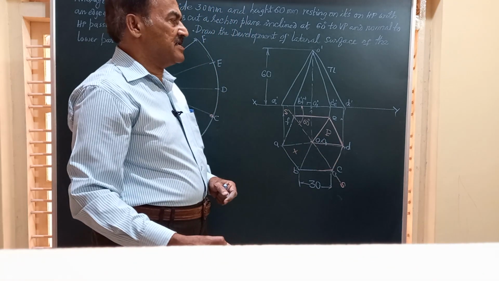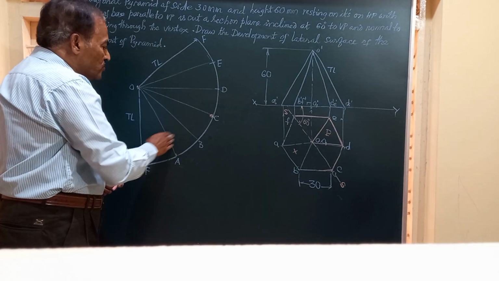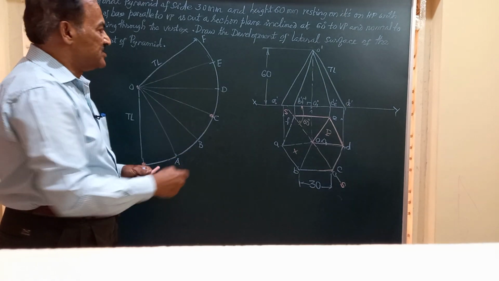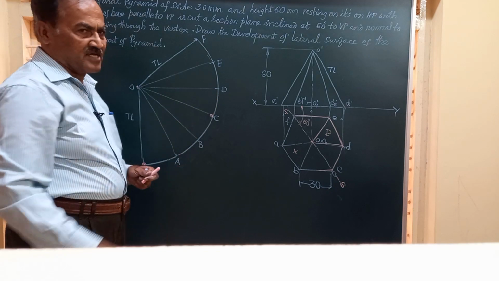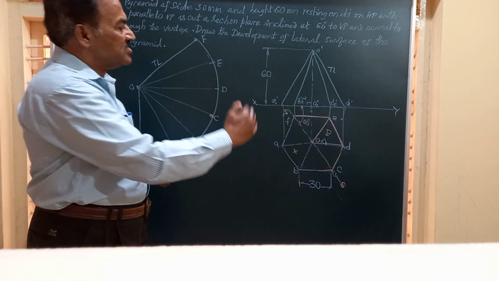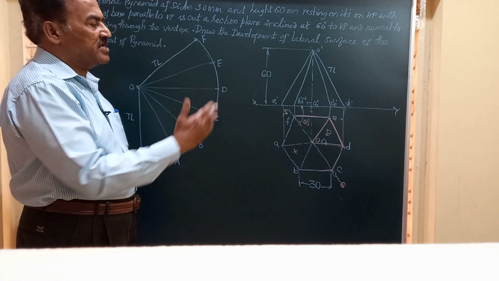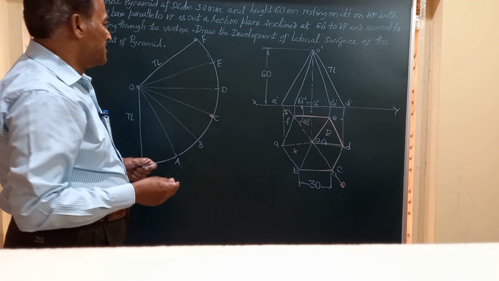is retained. In the development, you got 6 total number of triangular faces when you join these by straight lines. And in the development, you should have only 3 triangles, because totally half the portion of the solid is removed by the section plane.